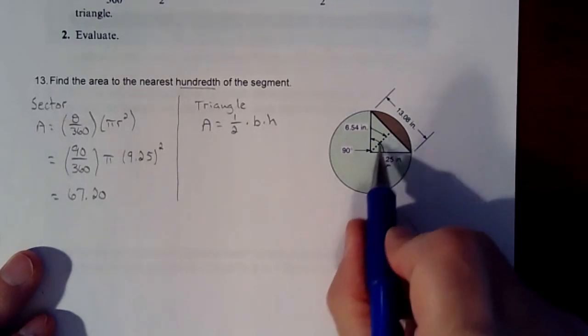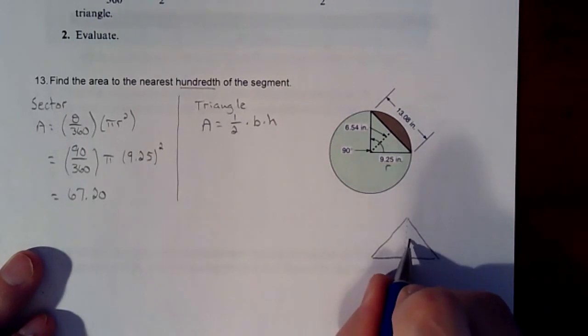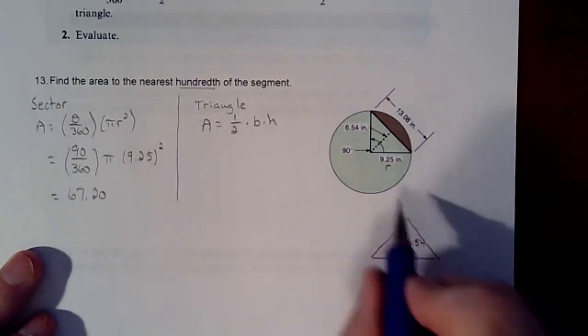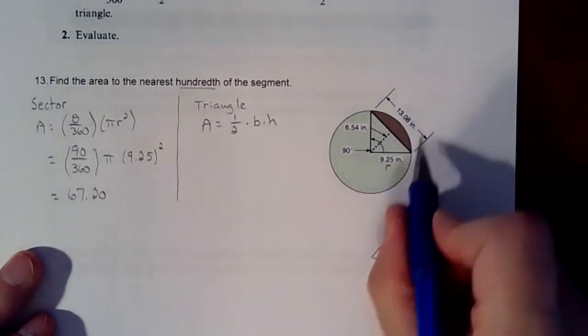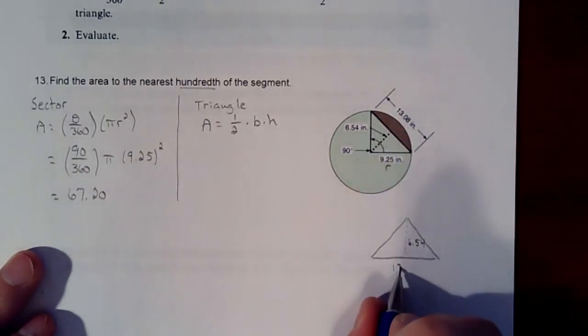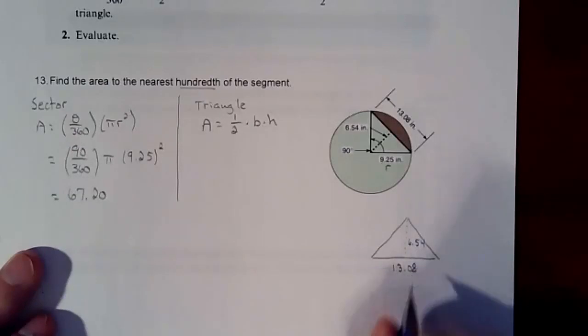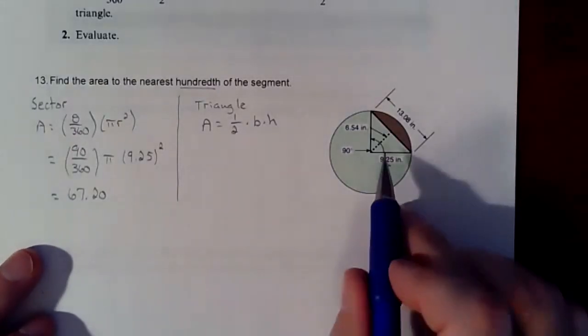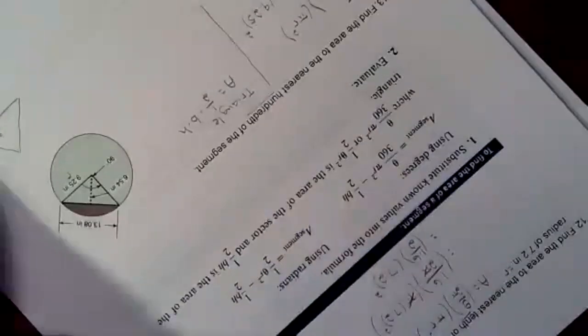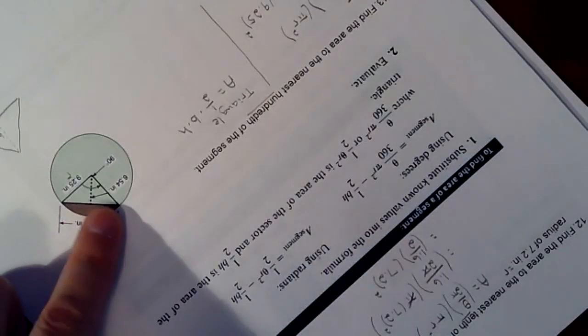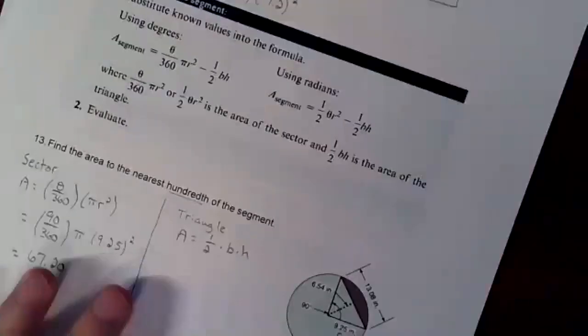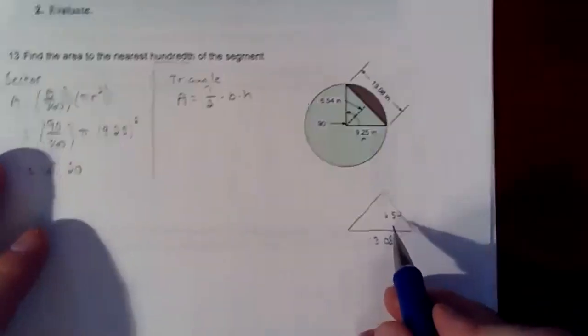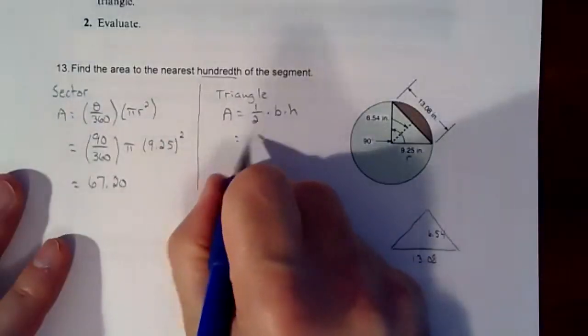So that dotted line is the height, the 6.54, and the base is the 13.08. So it's kind of hard to see when it looks like that. So I don't know if it helps to turn your picture to where that's the base and that's the height, because they got to be perpendicular, or if you just need to draw it again. But that's what we need.